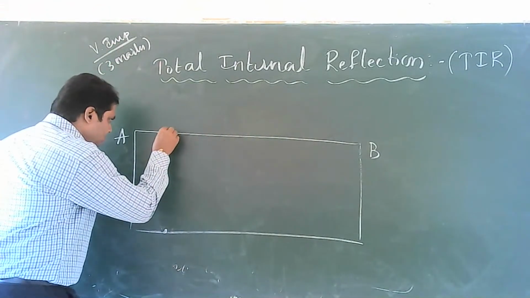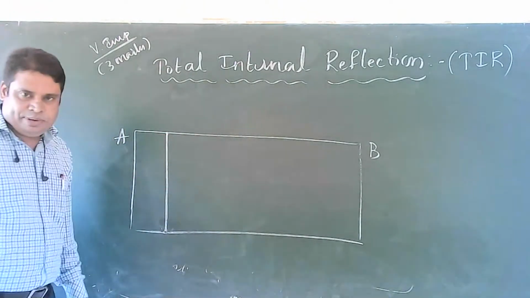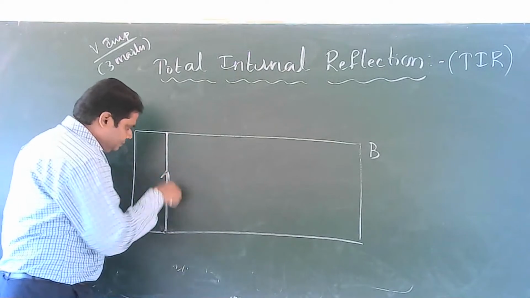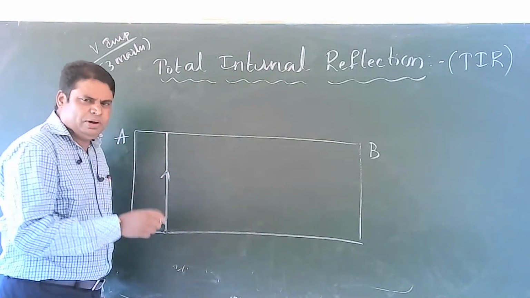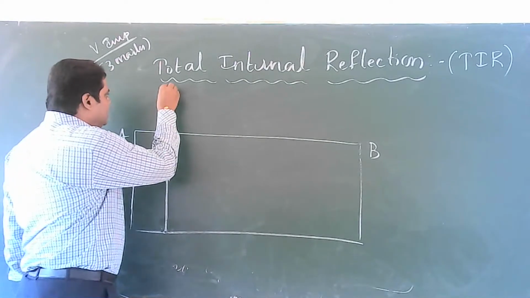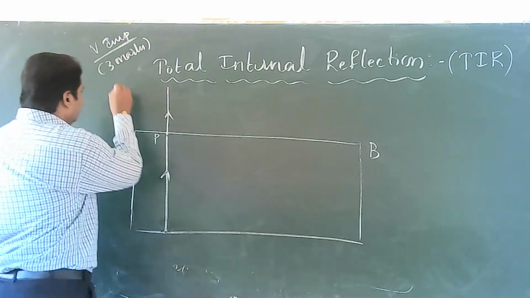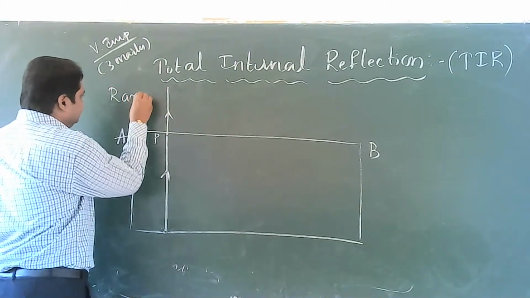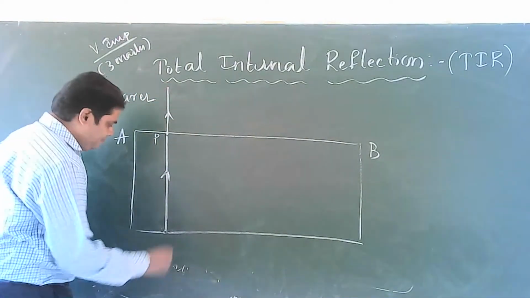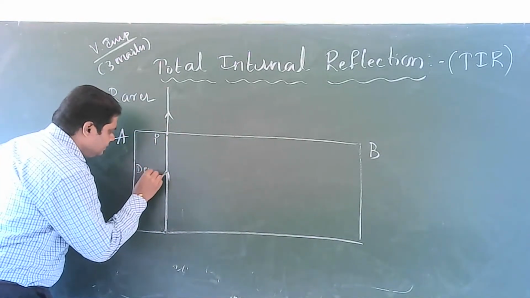Remember, a ray which is along the normal at point A or B, whatever it may be, say P, will travel in the second medium, which is the rarer medium. This one is denser.